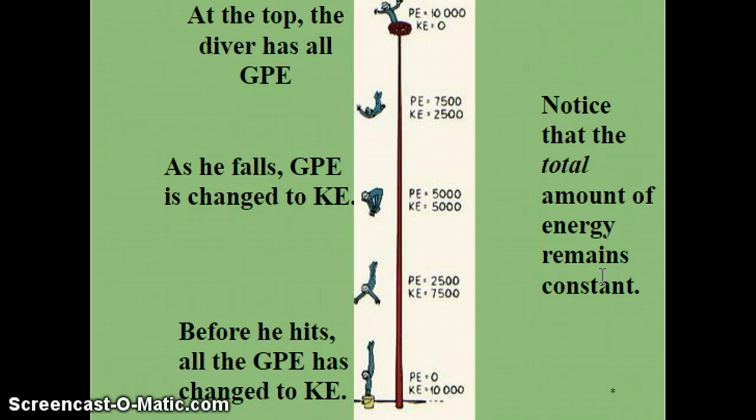So that loss of potential energy is continually turning into an increasing kinetic. By the time the object gets to the very bottom, notice that all of the potential has transferred into kinetic, and at every moment the total energy is 10,000. That never changes throughout the entire fall.